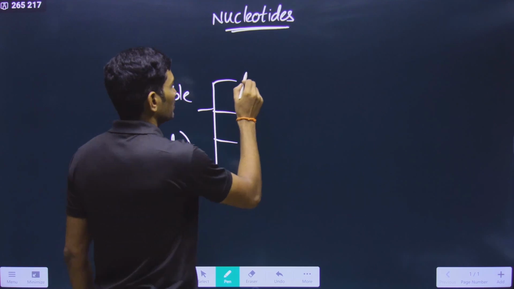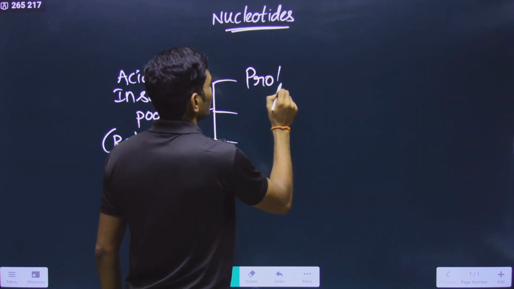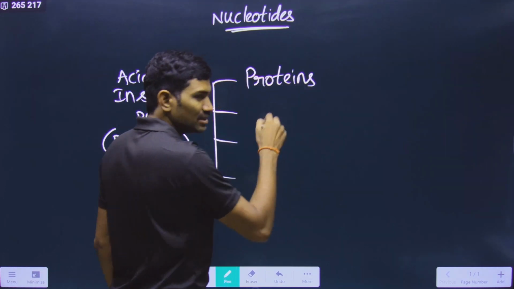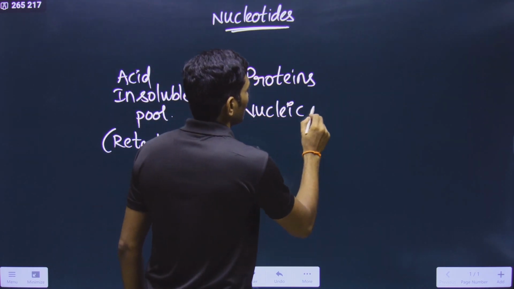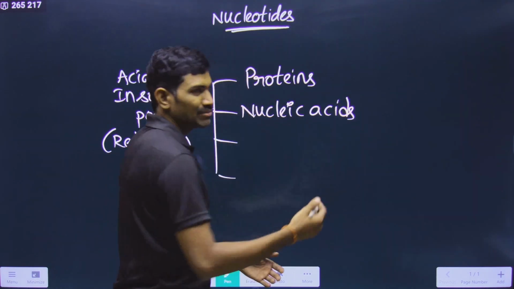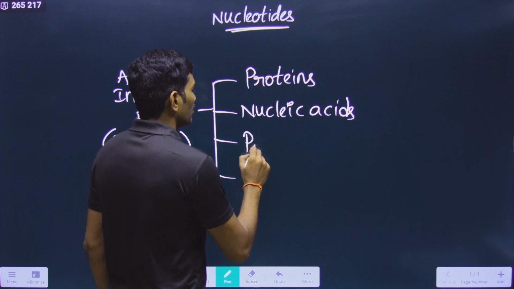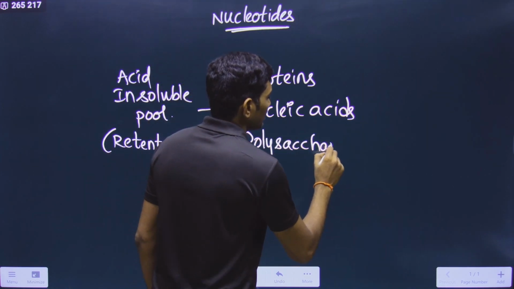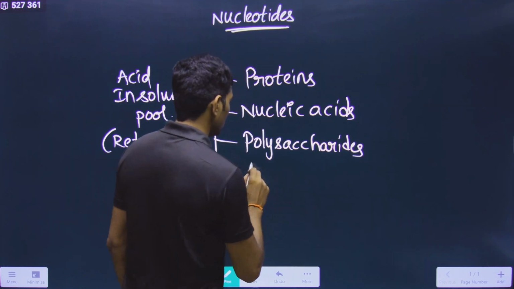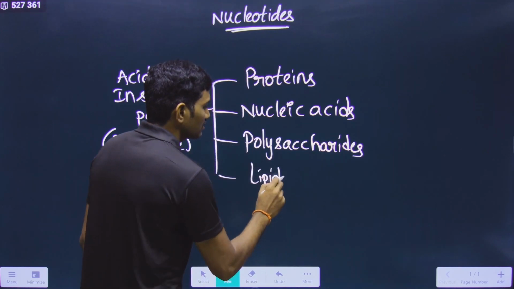What are these 4 components? Already we have studied proteins, and now in this lecture we are studying nucleic acids. In the coming lectures we will study polysaccharides and lipids.